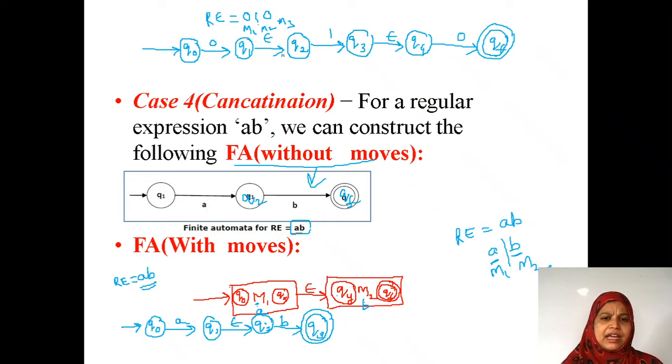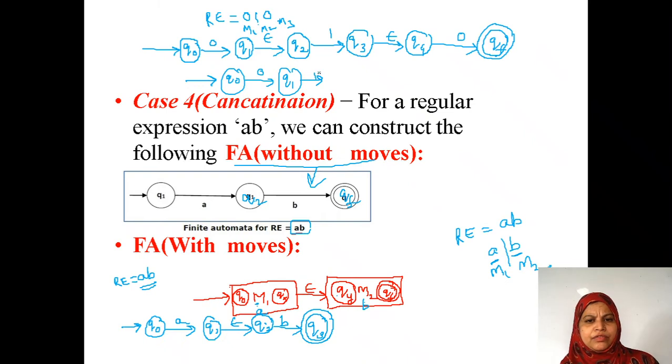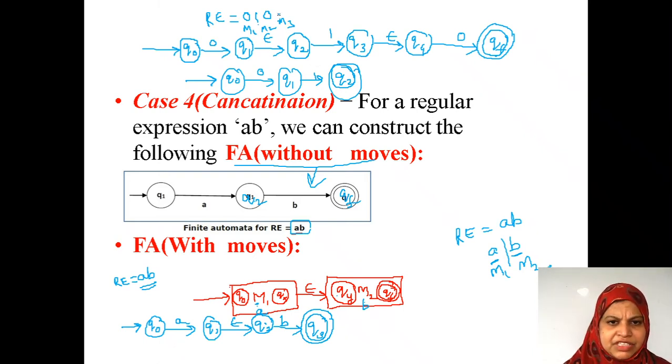Now I am going to convert this NFA with epsilon moves to one without epsilon moves. Directly we write Q naught, 0, Q1, 1, Q2. Sorry, again we have the 0 symbol here, this is wrong. Let me draw it again.